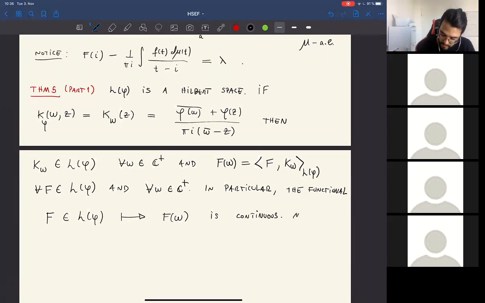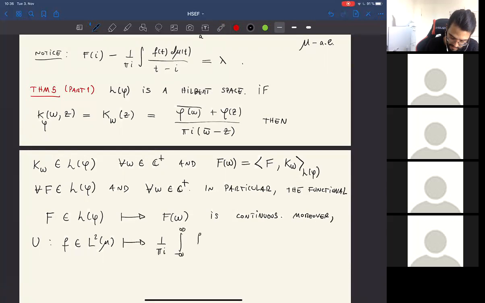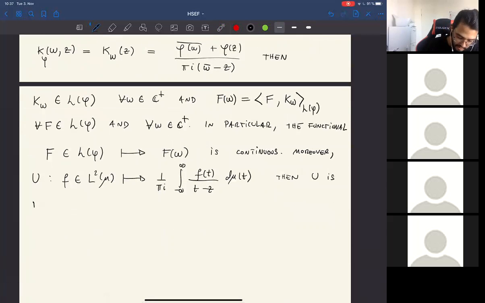Okay, so moreover, if you define the map U that takes an f in L2 of mu, and that's the unitary part that I was talking about, and takes it into this representation here, then U is isometric.